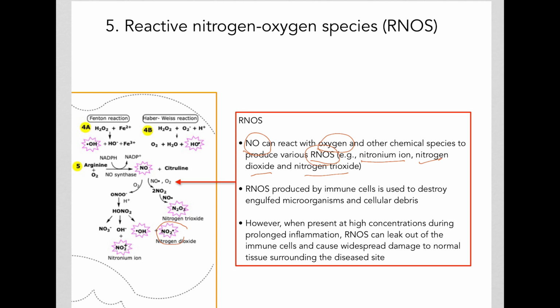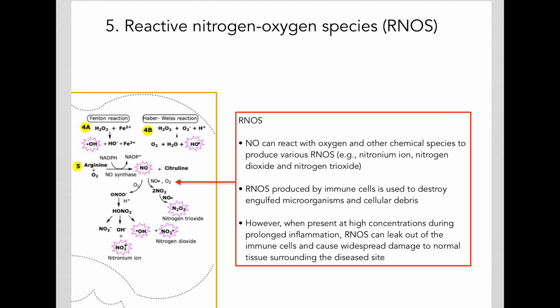And you see that happening here, the reaction of nitric oxide with oxygen as well as other chemical species. This RNOS, produced in very large amounts in immune cells, is normally used to destroy the engulfed microbe or whatever cellular debris that the immune cell has phagocytosed.